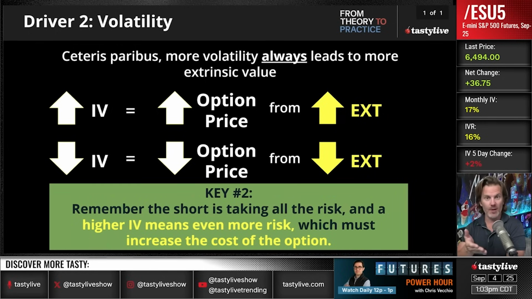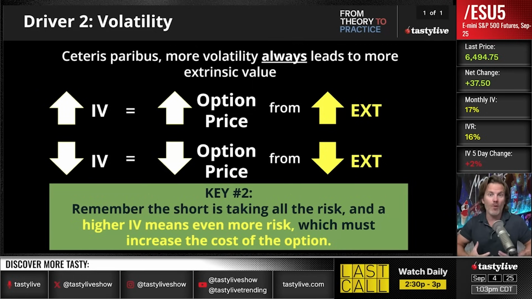Similarly, dropping volatility, decreasing implied volatility, is going to be on your radar over the life of a position. So while I'm in the trade, during the duration of this position from start to finish, this is what I want to be on the lookout for. Because as high volatility premium sellers, we are going to benefit from extrinsic values going down.